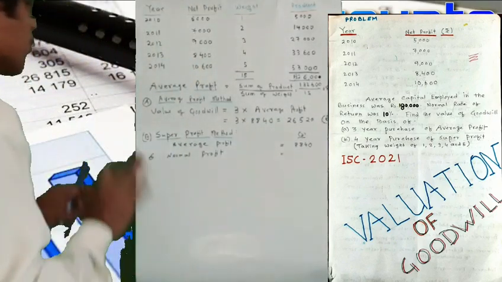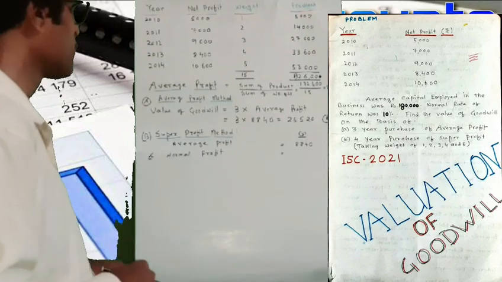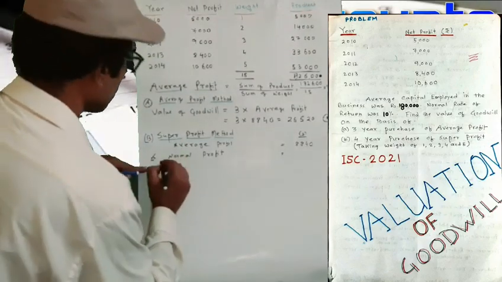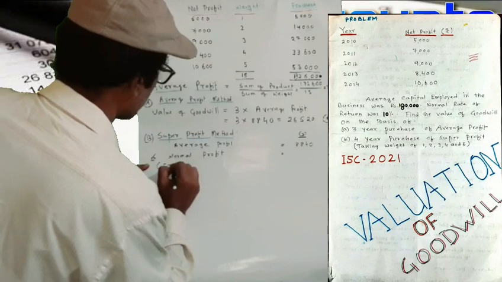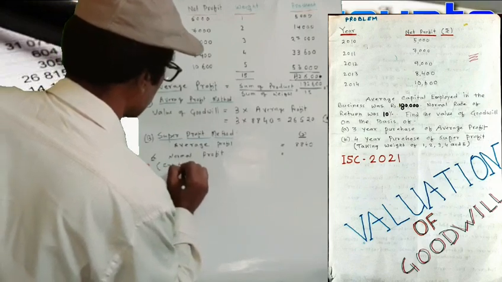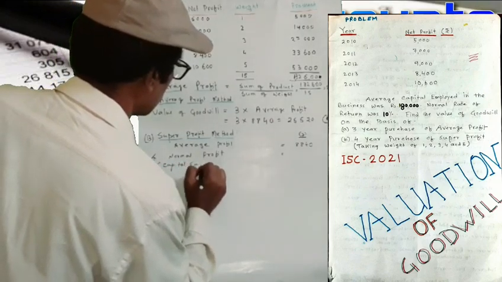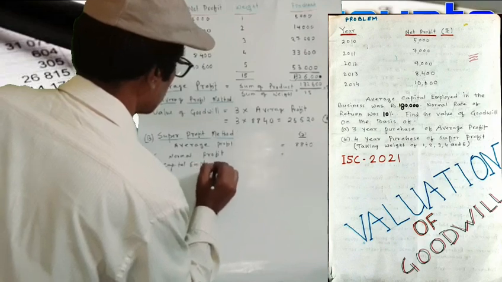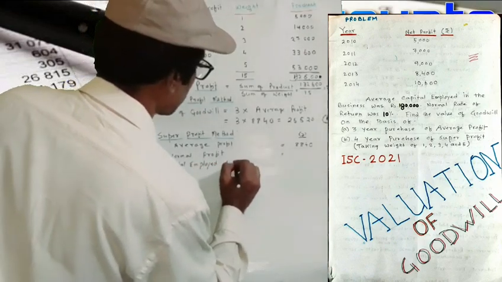Here, how is normal profit calculated? Normal profit is capital employed into normal rate.